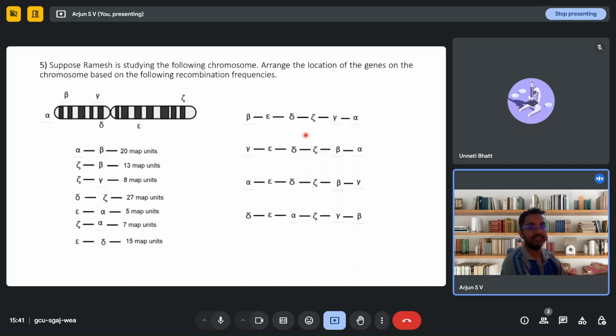The shorter way is to just put in one value here. If they're given beta epsilon, you just have to calculate and then figure out if all of them make sense: if epsilon delta makes sense, if gamma delta makes sense, and so on. I'll give 5-10 minutes to go through this problem and get the answer. If not, after that I'll start solving it.